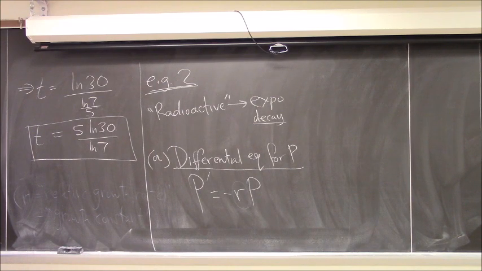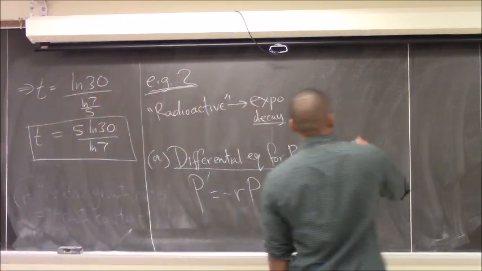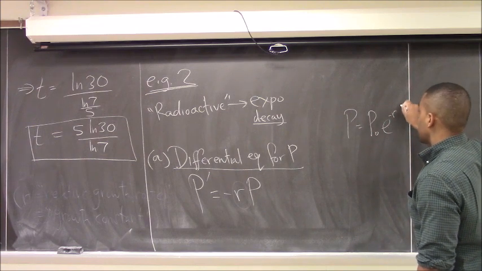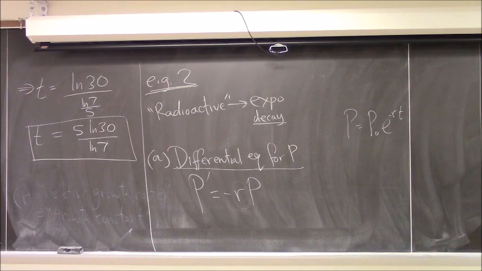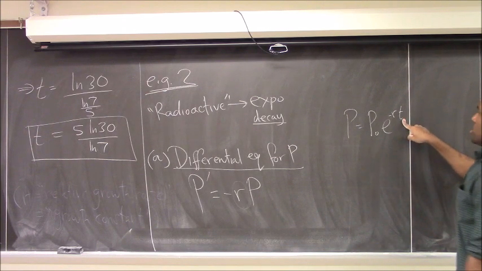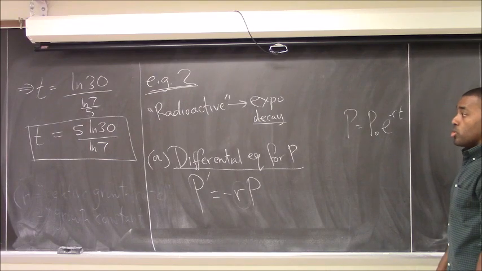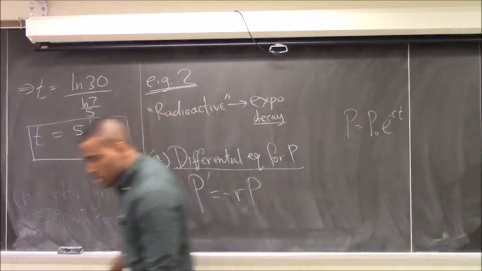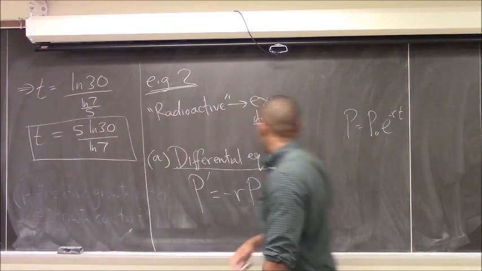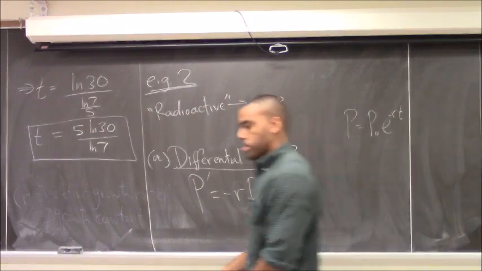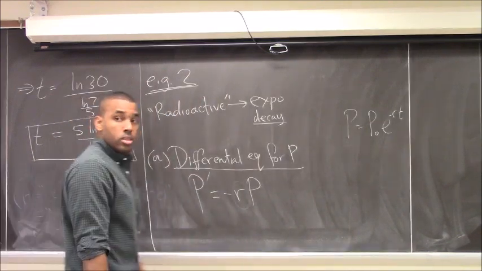Okay, if we go with the PERT formula, P is equal to P naught e to the minus rt. Do we have enough information here? No, we don't, because I don't know at a certain time what the value is. I do know in the beginning that I have 200, but that would mean time equals 0, I'd kill my r. I won't be able to solve for the r. So I have to get to the r in another way.